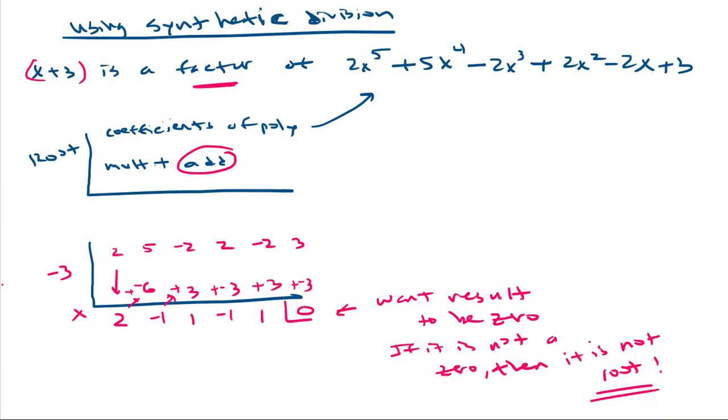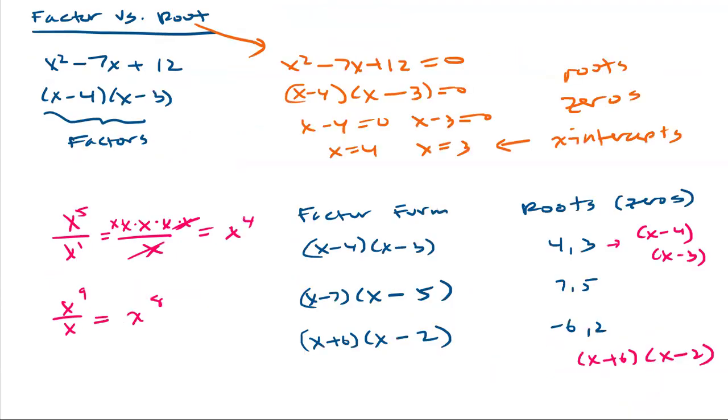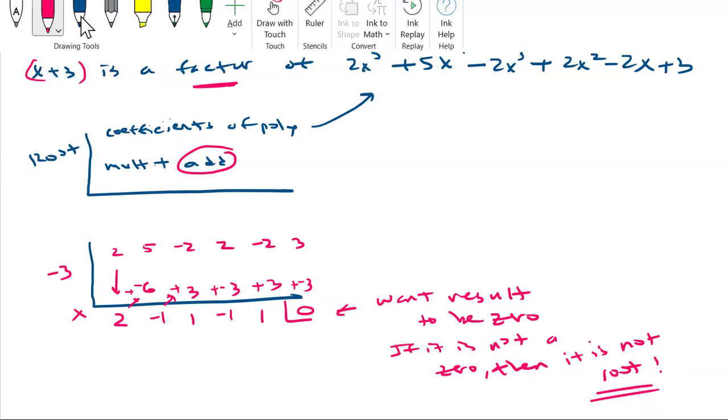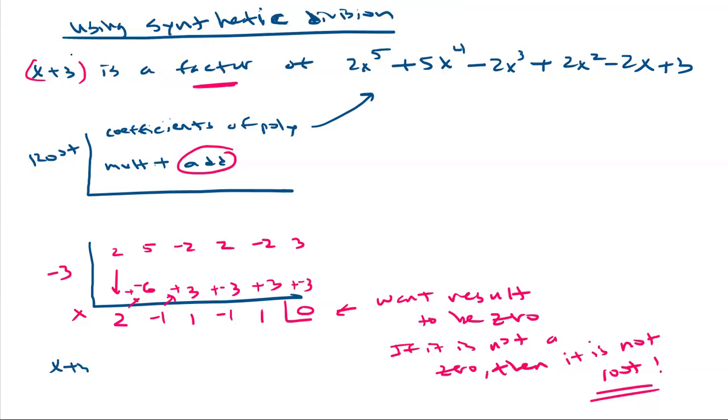Now remember I mentioned that when we divide by just a regular x, that reduces the power by 1. So if we were to write this back in a form similar to factored form, -3 will give us x plus 3. And then these numbers here are going to be the coefficients of our new polynomial.